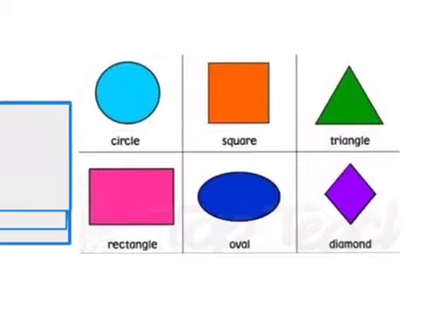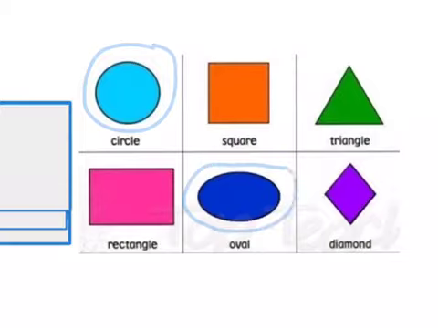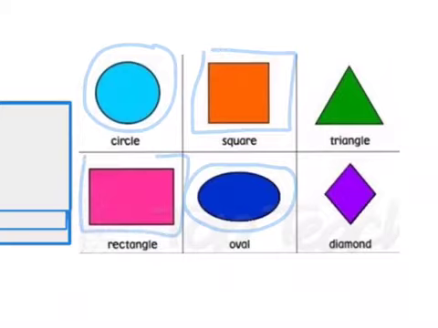The circle and the oval are almost the same. That is these two here. Just like the square and the rectangle are almost the same.